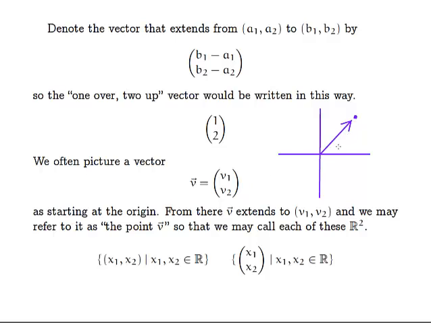So in fact, we can represent the points in a plane in 2 ways. We can think about them as a pair of numbers, as you did in high school when you plotted points on a Cartesian plane. Or we can think of points in the plane as a set of vectors. We can associate each point in the plane with the vector that goes from 0 to that point.